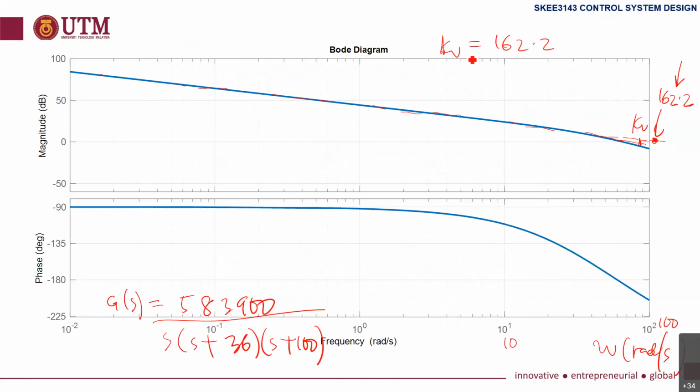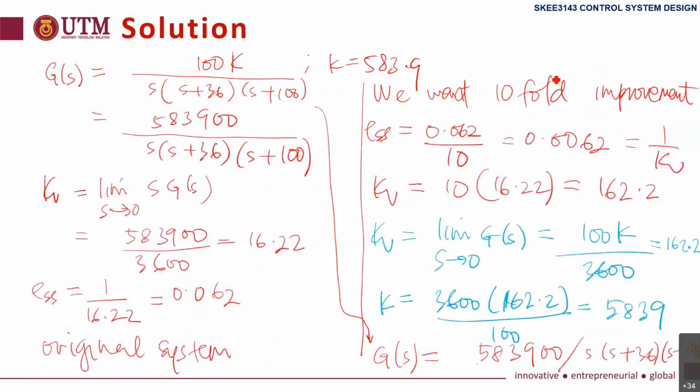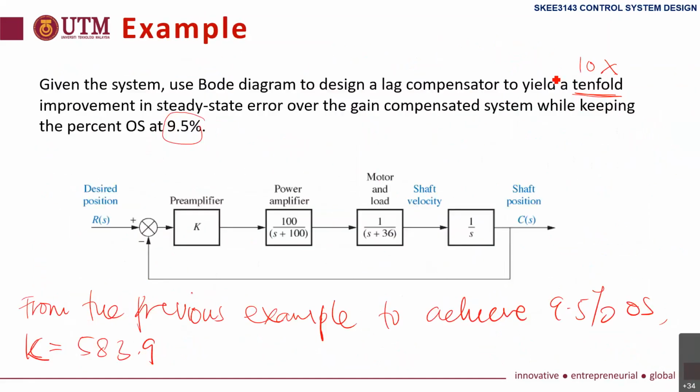Then we want overshoot 9.5%. Although we initially obtained 9.5%, because we changed K, remember, we got 9.5% with K 583.9.